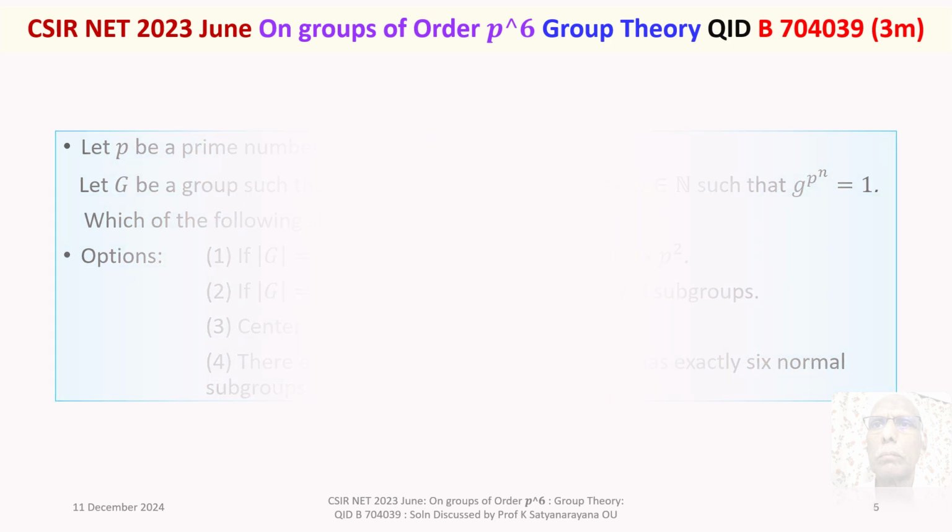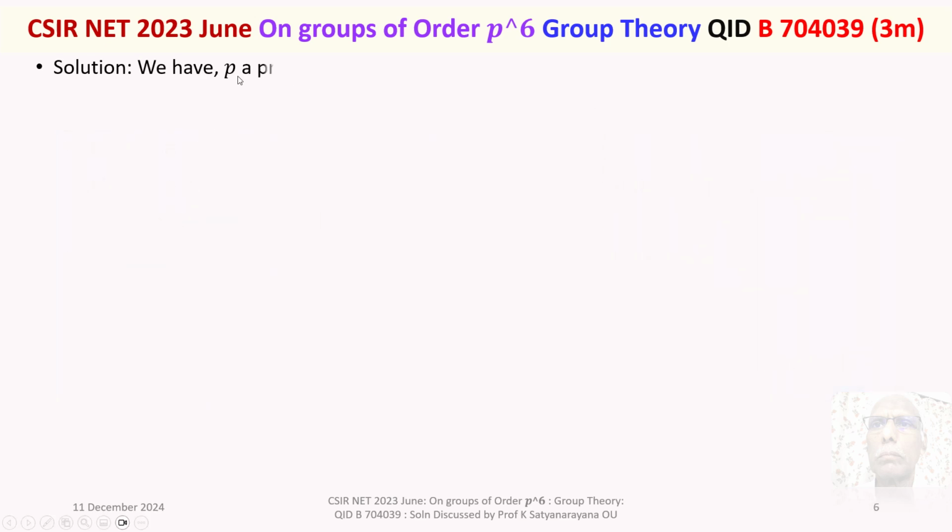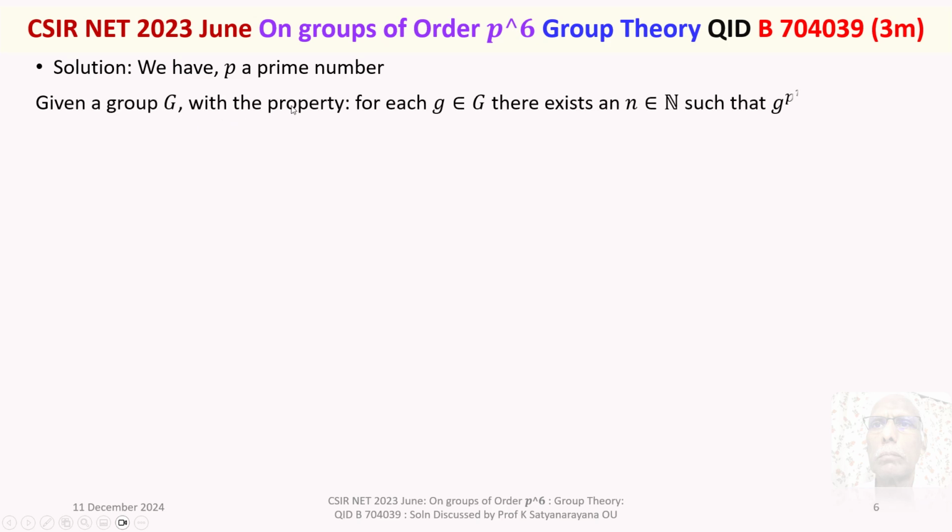We now discuss the solution of the problem in detail. We have a prime number P, and a group G with the property that for each small g belonging to capital G, there exists a natural number small n such that g to the power p to the power n is equal to 1, the identity of the group G. A group G with this property is called a P group.